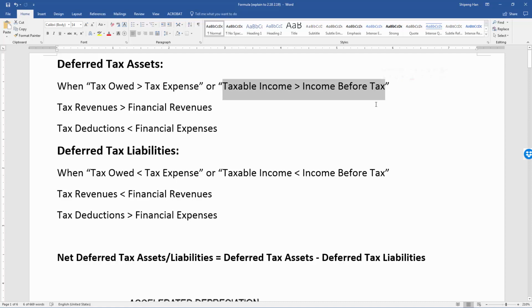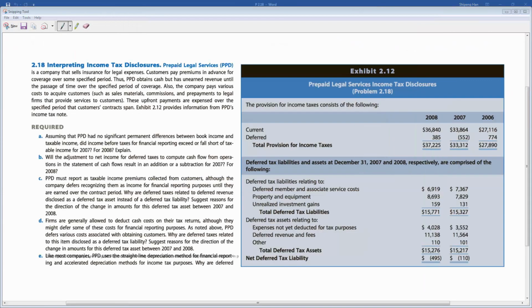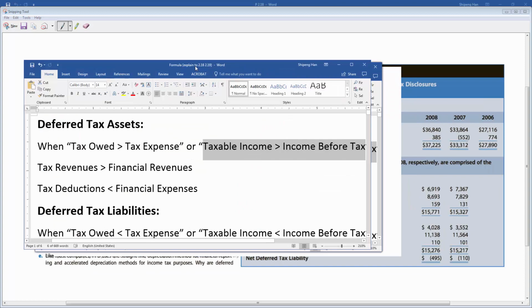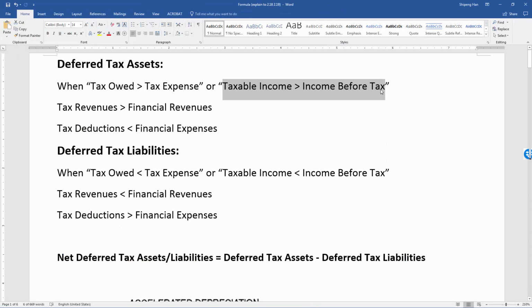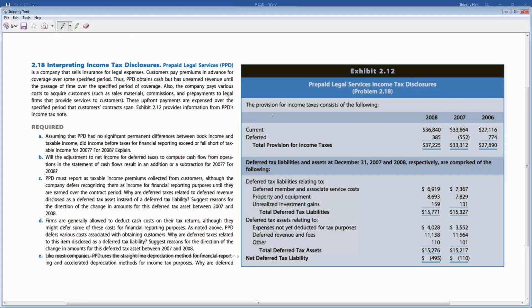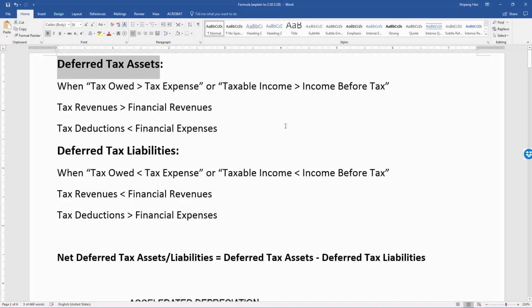Why? Because according to this example, the company recognized income earlier in tax reports than the financial reports. Okay, so when the taxable income is greater than the income before tax, we know that's actually a generation of deferred tax assets. Right? So this also answer our questions. So deferred tax assets.